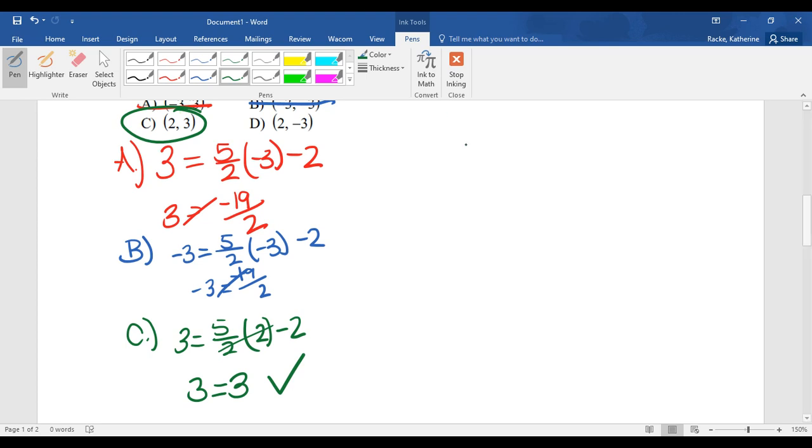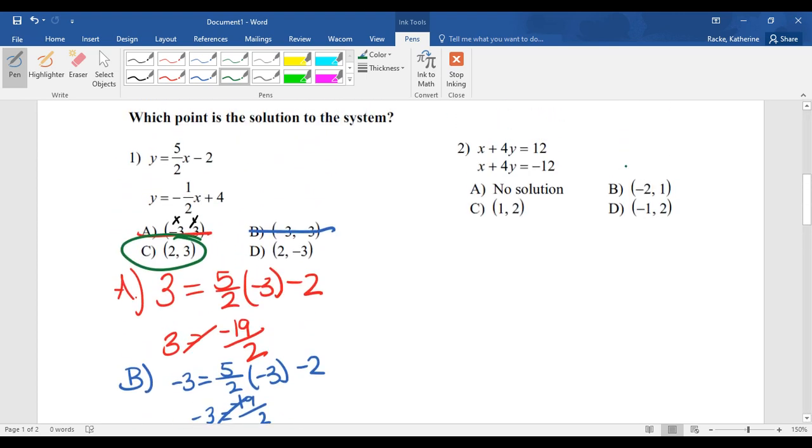All right, moving on to number 2. x plus 4y equals 12 and x plus 4y equals negative 12. So when they are the same, same x, same y, but opposite values here, that means they are parallel lines, okay? And you can make sure of this by setting these both equal to y.